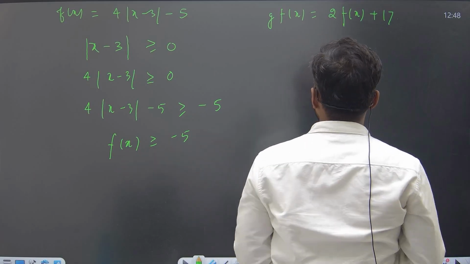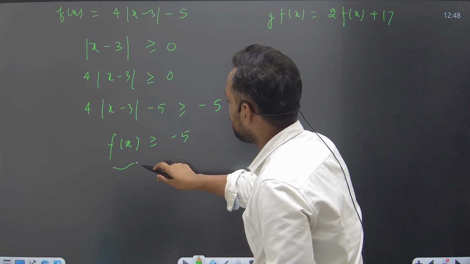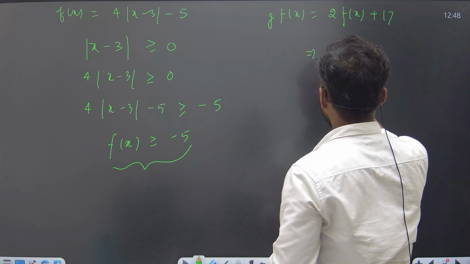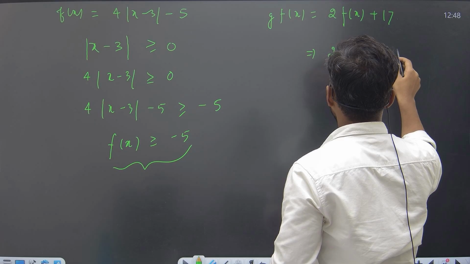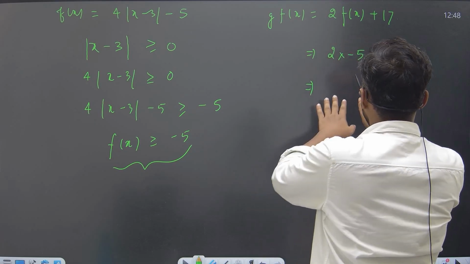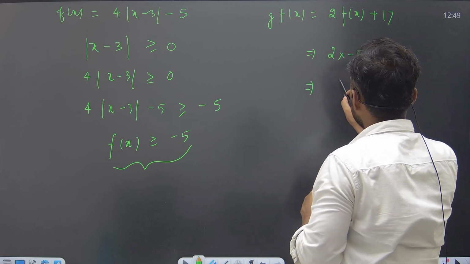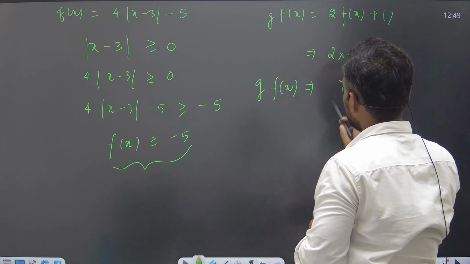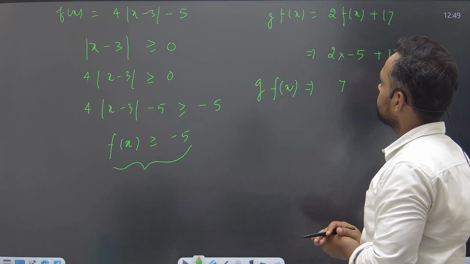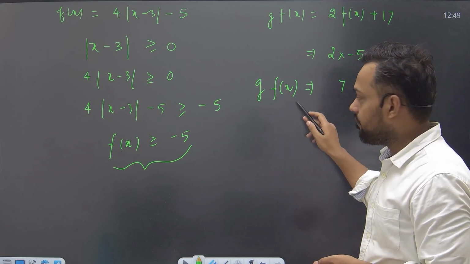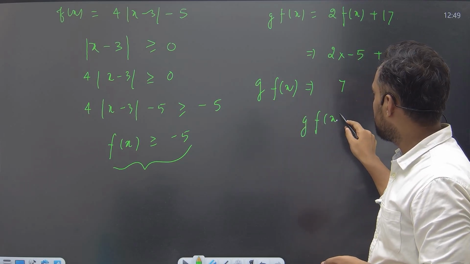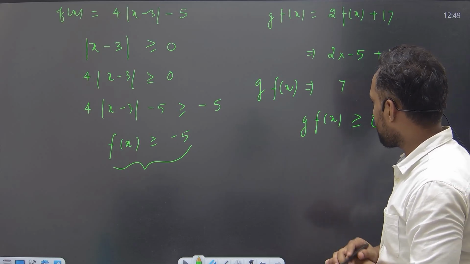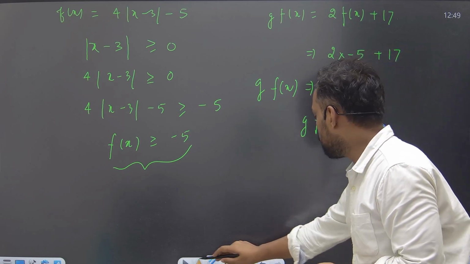Now f(x) is greater than or equal to negative 5, so if I plug in the value directly here, it will be 2 times negative 5 plus 17. So negative 10 plus 17 will be 7. It means g(f(x)) must be greater than or equal to 7.